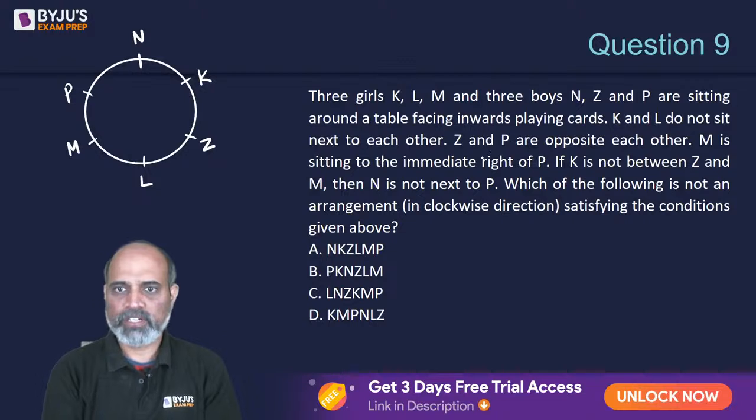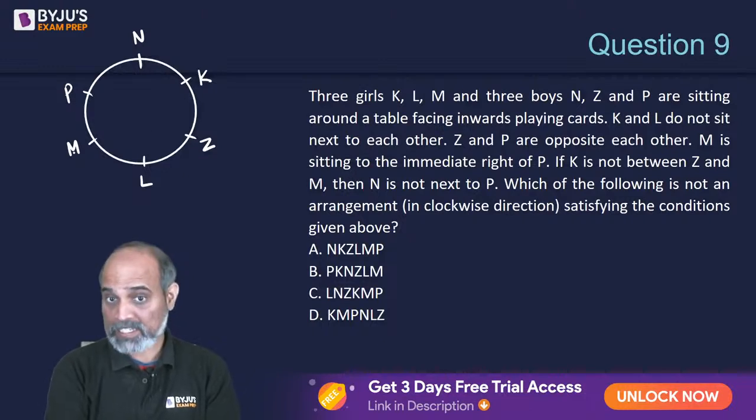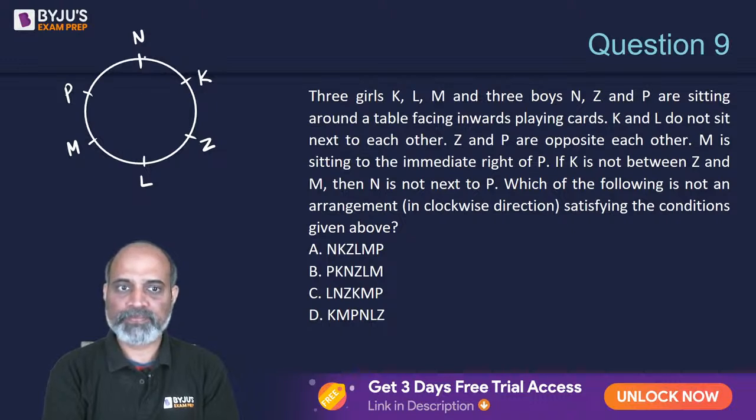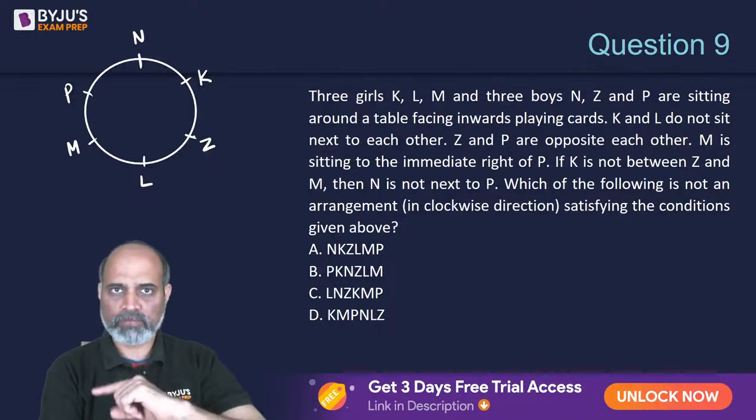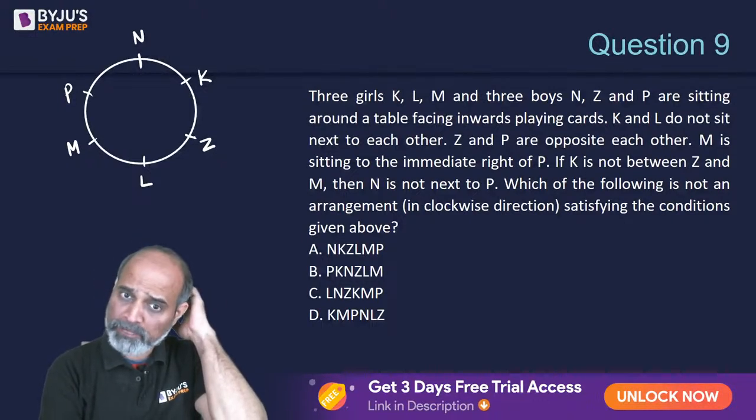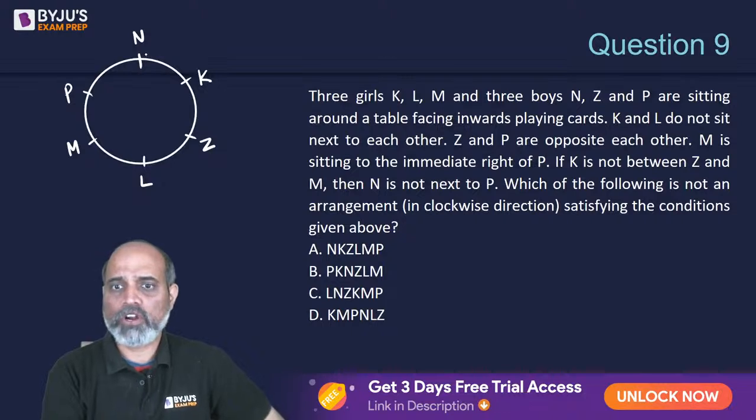Yes, they do not. Z and P are opposite to each other. Yes, they are. M is sitting to the immediate right of P. Yes, she is sitting. If K is not between Z and M, K is not between Z and M, right? Between means equidistant or right in the middle. Then N is not next to P.